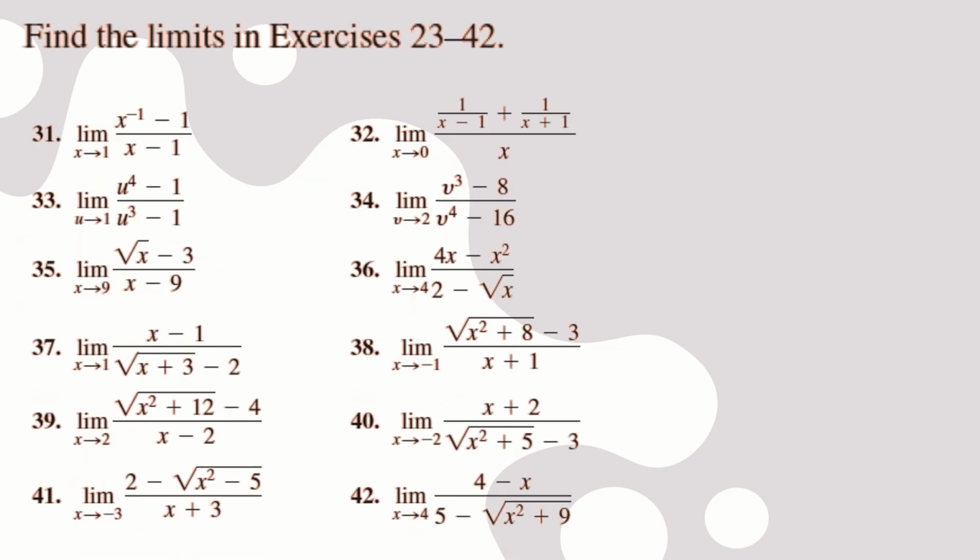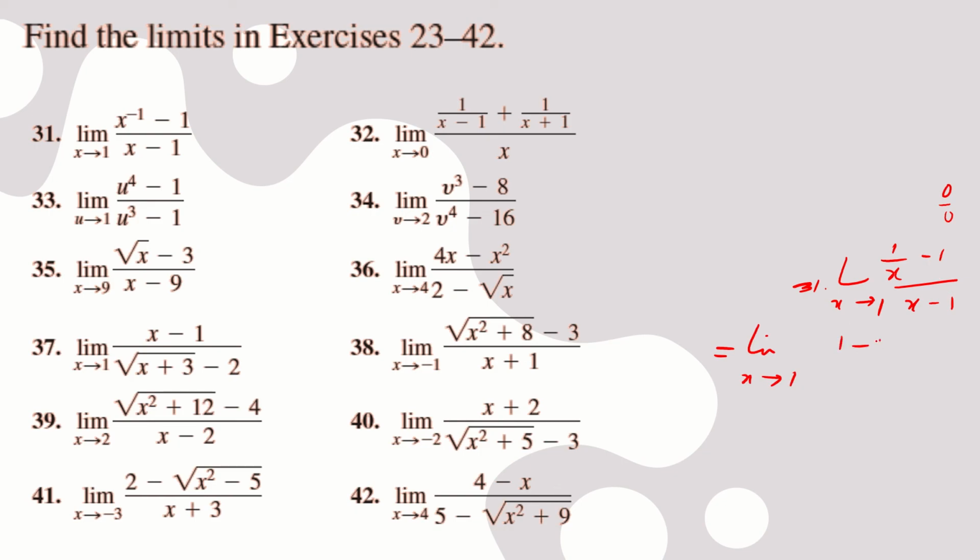More questions. I see question number 31. In this case we are finding limit x goes to 1 of x power minus 1, which is 1 over x, minus 1, divided by x minus 1, which again gives you 0 by 0. So this limit is basically the same as limit x goes to 1, taking LCM in the numerator.